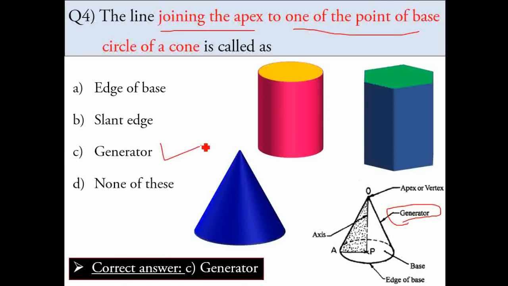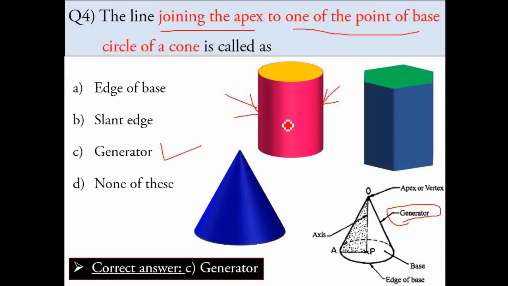Just remember once again, in the cylinder also, the line which joins one of the points of the upper circle and the bottom circle at the same position, towards the right side or towards the left side, this one also is called a generator, the right side generator, and this one is also called the left side generator. Likewise, we can represent different generators as per the requirement or as per the position of that particular cylindrical object.